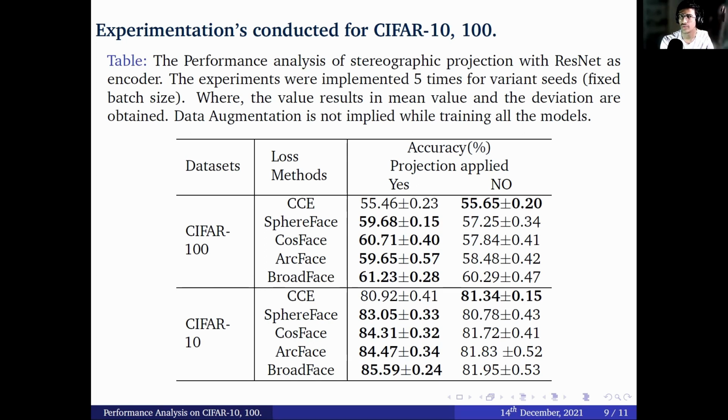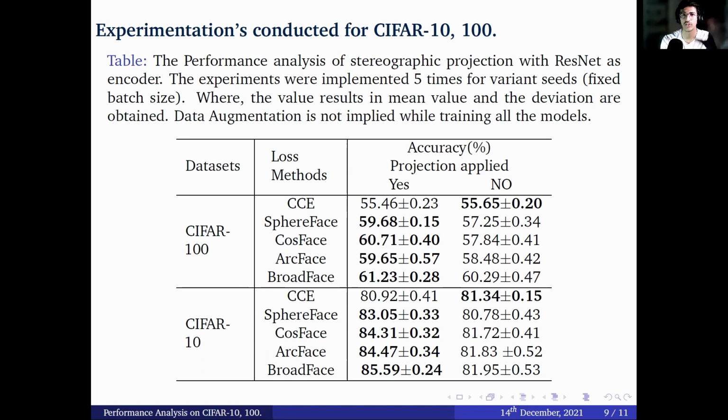We gave the input, acquired a feature vector, and classified with a two-layered feed-forward neural network, with and without the stereographic projection, on the different objective functions as explained previously. We haven't used any augmentation.